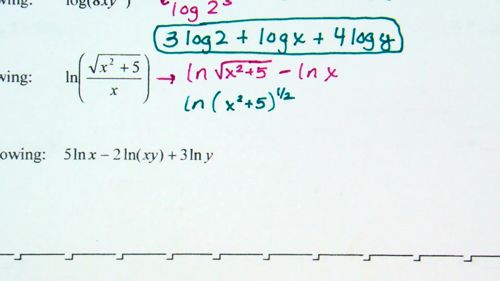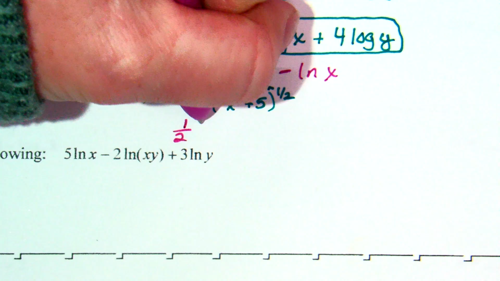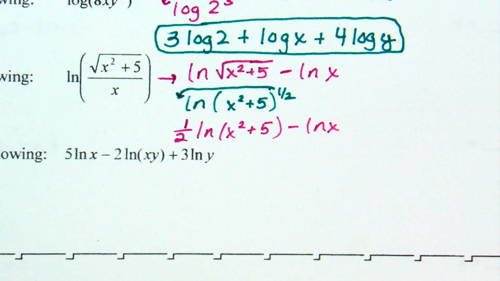Notice I did put my x squared plus 5 in parentheses to indicate the whole set was in the radical. So power rule says this 1/2 can move out front. So 1/2 times the natural log of x squared plus 5 minus the natural log of x.